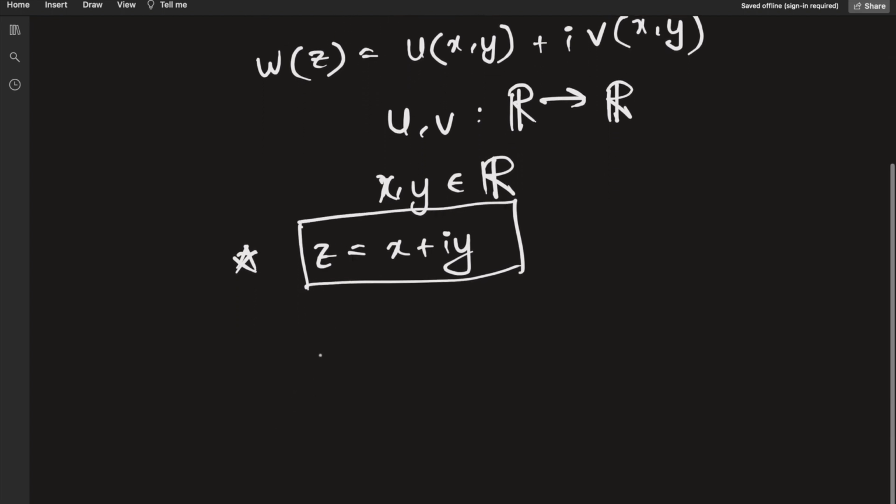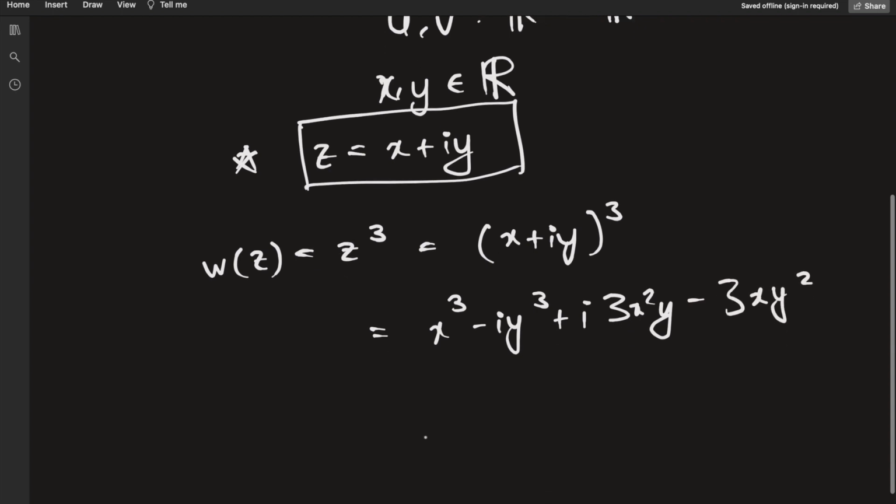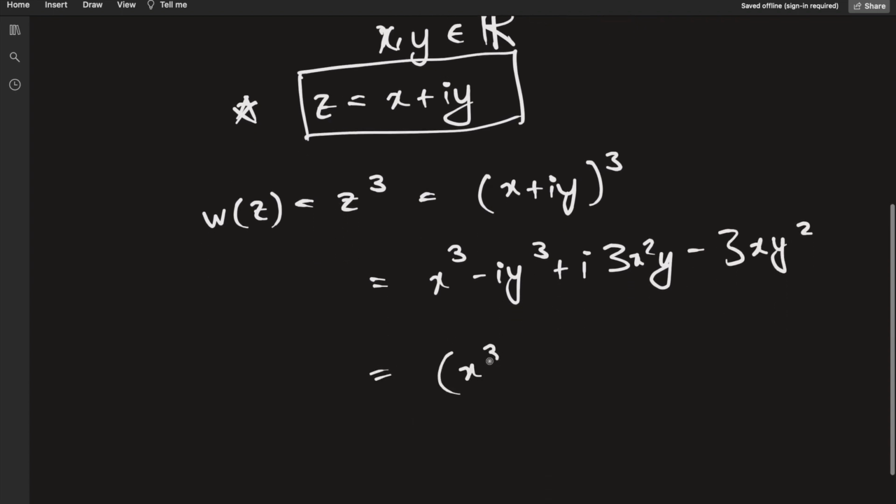Okay, let's look at some examples of this. Assuming w of z is equal to z cubed, we know z by this definition is (x plus iy) cubed. If you just expand everything, you have x cubed minus i y cubed plus i 3x squared y minus 3x y squared. Group the real terms together, so we have x cubed minus 3x y squared plus i times (3x squared y minus y cubed).